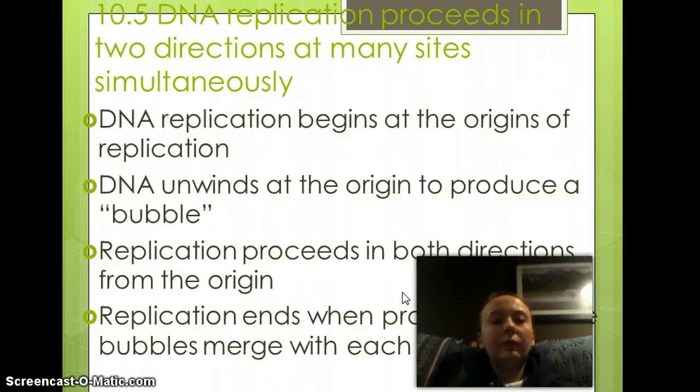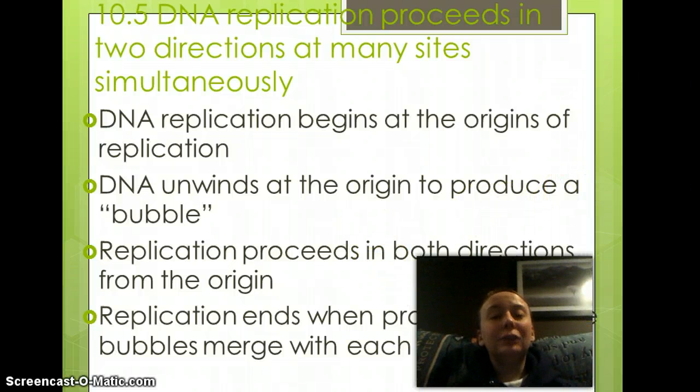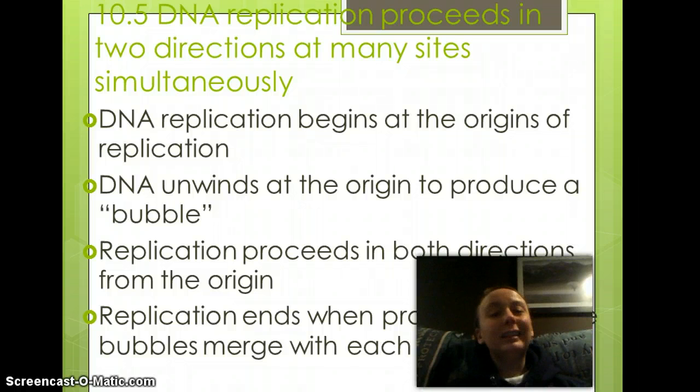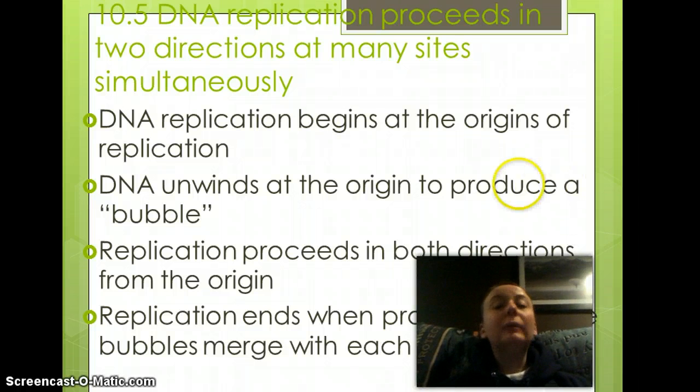So in 10.5, DNA replication proceeds in two directions at many sites simultaneously. Now this kind of gets a little bit confusing. DNA replication begins at a site called the origin. This origin kind of looks like a bubble inside DNA. So it pops open, forms a bubble, and then replication begins.